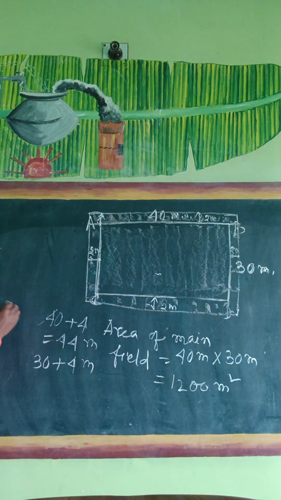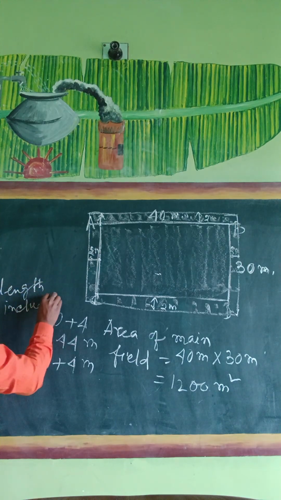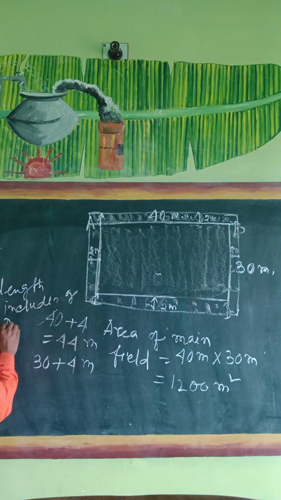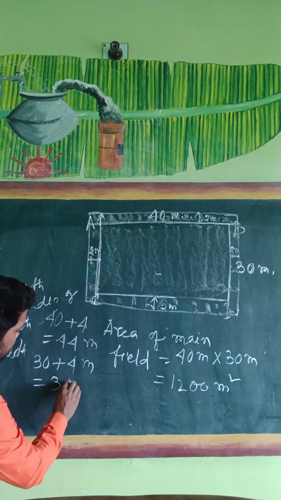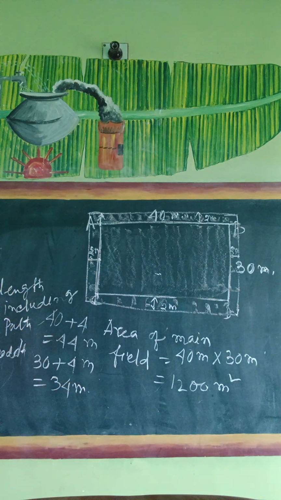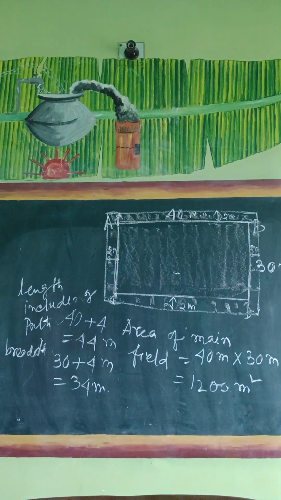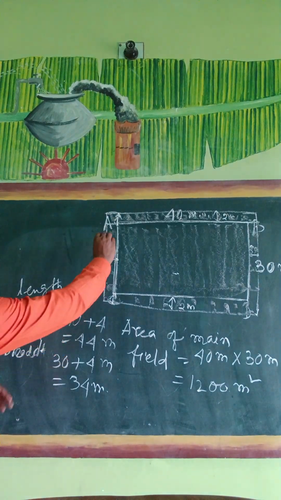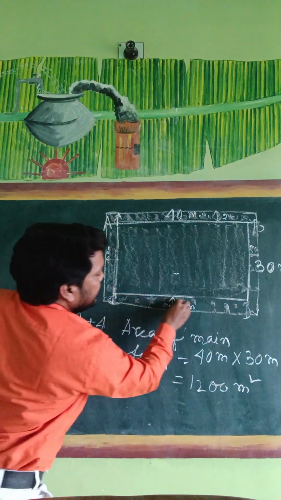So this is the length including path, and this is the breadth including path. It is 34 meter. Understand? So this is the basic problem. So how do we find the area of this path?